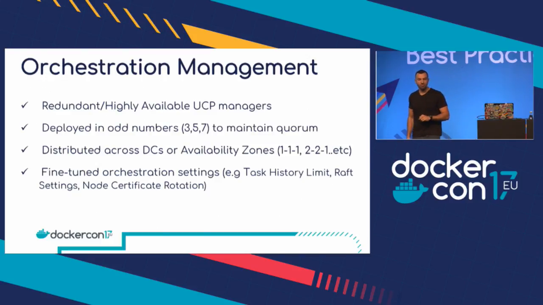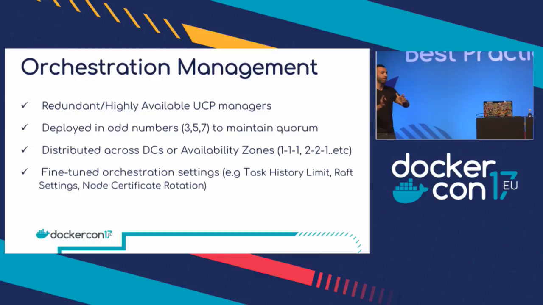If you move to the orchestration management, this is Swarm and UCP. All the customers I work with have a highly available UCP cluster. That means that you're going to have 3, 5, or 7 managers. In order to maintain quorum, you need to have an odd number of managers.